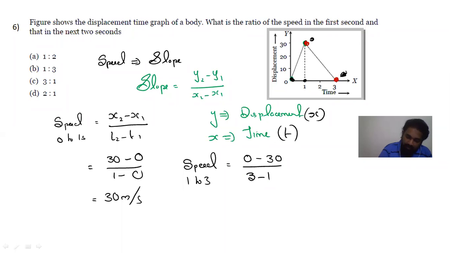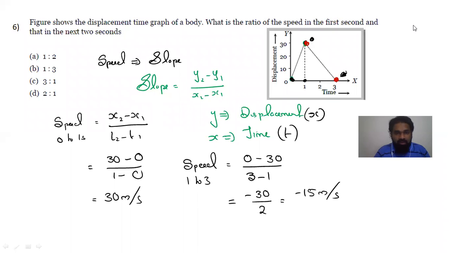So minus 30 divided by 2, I am getting minus 15 meter per second. Okay, so someone has answered. Let us see.